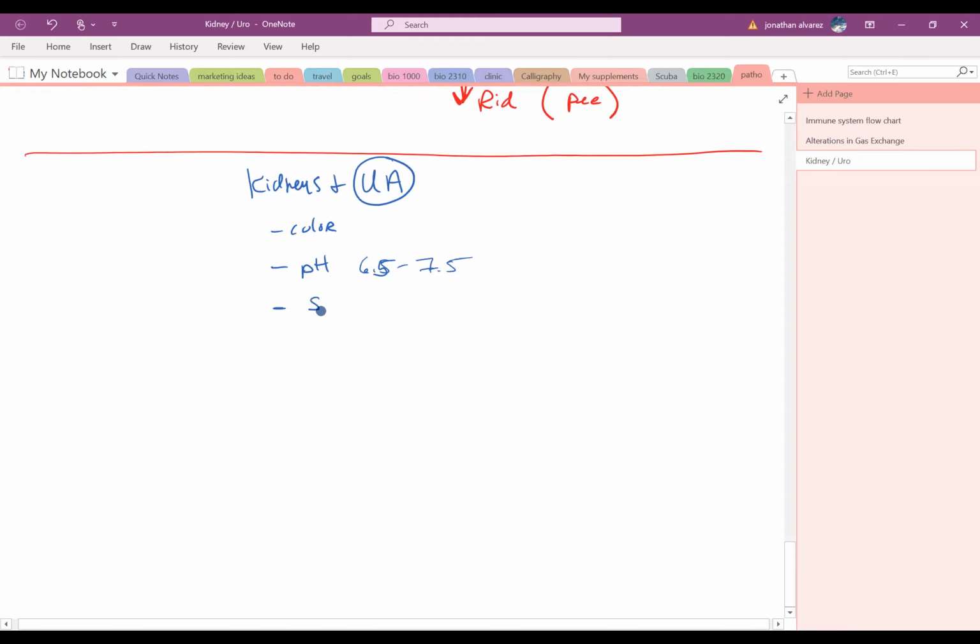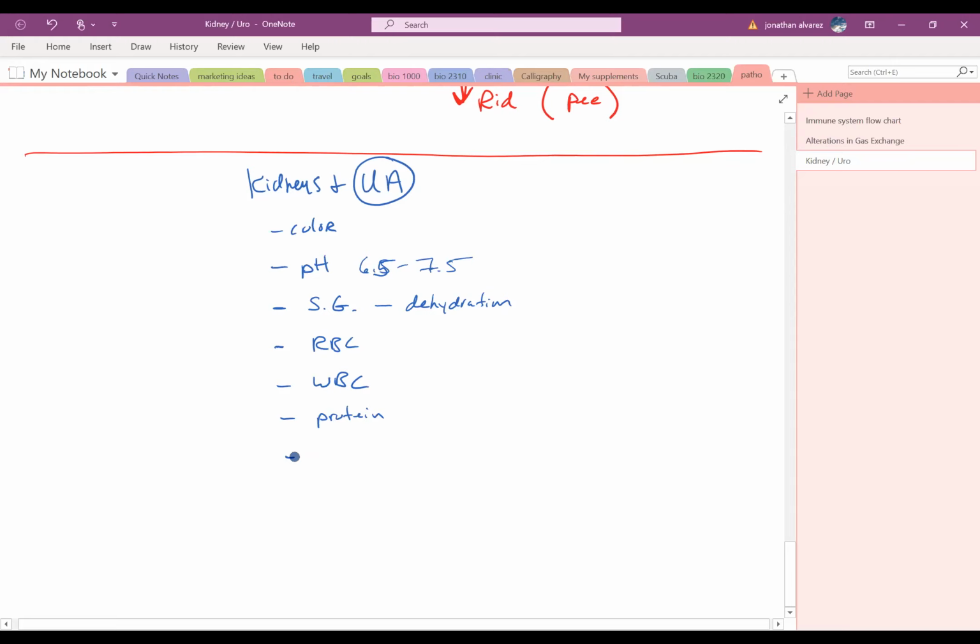Specific gravity. This can help with assessing dehydration. You're going to look for red blood cells, white blood cells, protein.